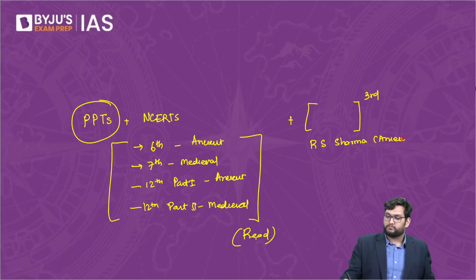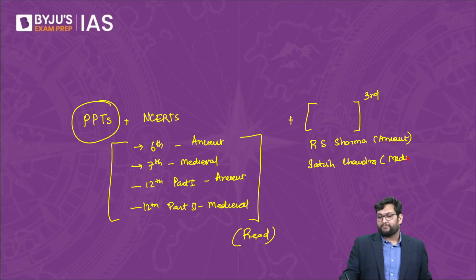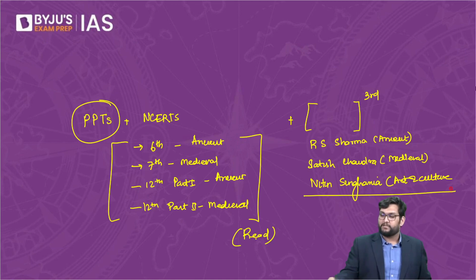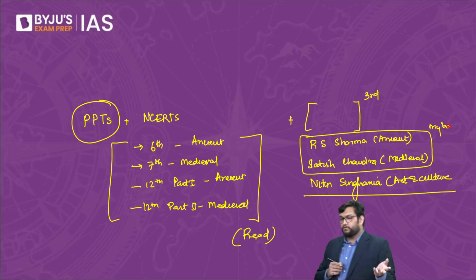You can use Satish Chandra for medieval. And you can use Nitin Singhania for art and culture, that I will tell you what the art and culture scene is. Or you can supplement this area with my book. One book for both, which would include modern also.